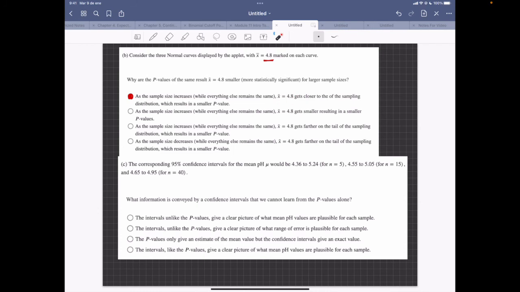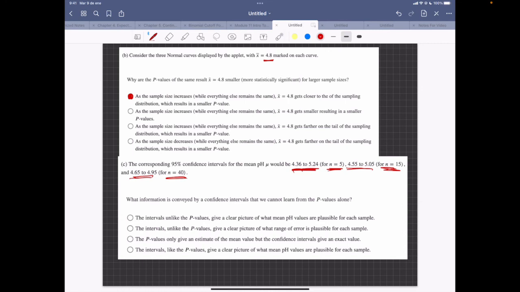Now, the corresponding 95% confidence interval for the mean is given here: 4.36 to 5.24 for n equal to 5, and then for 15 and for 40. So we have three values for the confidence intervals for n equal to 5, 15, and 40. What information?